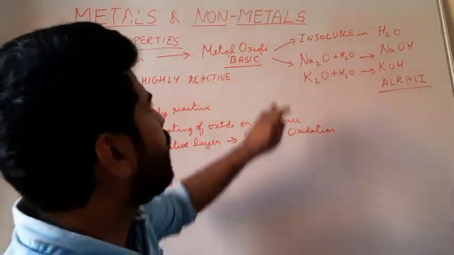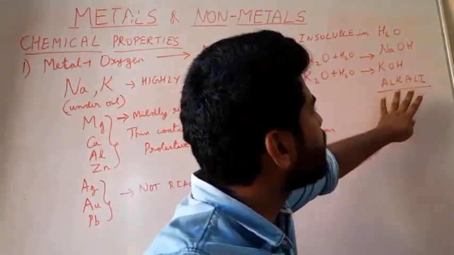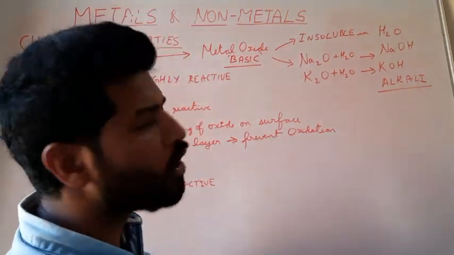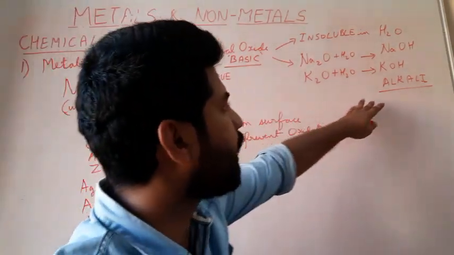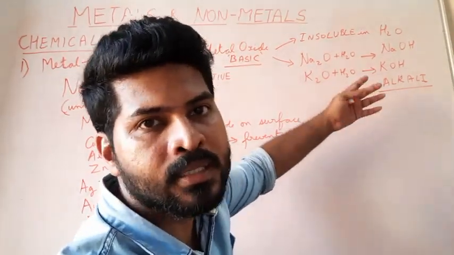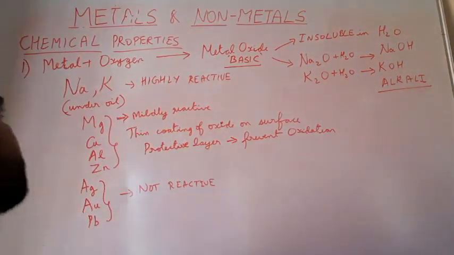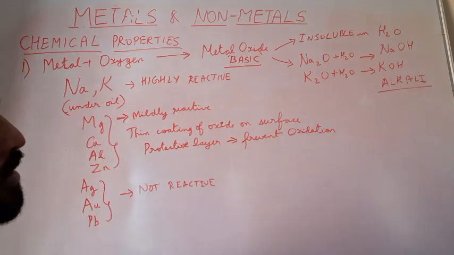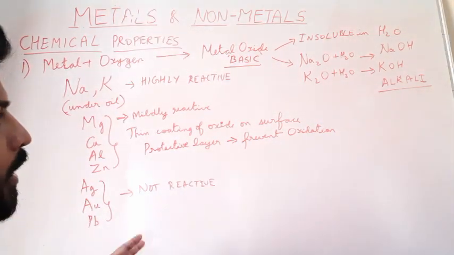So the metal oxides which are soluble in water produce metal hydroxides, which are called alkalis, whereas other metal oxides are not completely soluble in water. And we know that alkalis are bases, hence it shows that metal oxides are basic in nature. This is the first type of chemical reaction of metal with oxygen, where different metals show different levels of chemical reactivity.